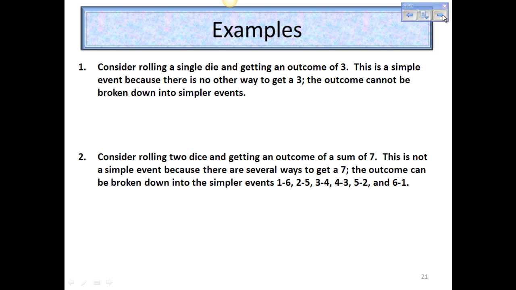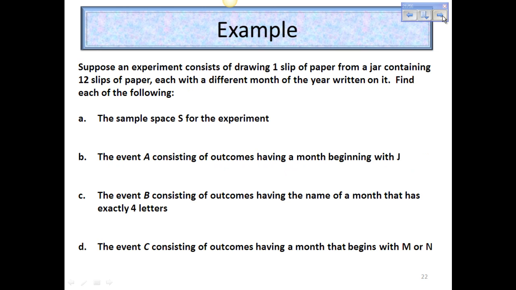Now, notice that 1 and 6 and 6 and 1 are considered different simple events. 2 and 5 and 5 and 2, different simple events. So you would count them all as part of your set of outcomes for a sum of 7, and you would count them separately.